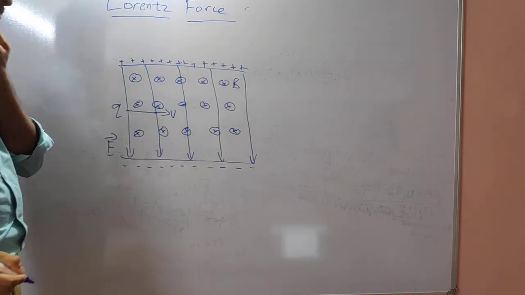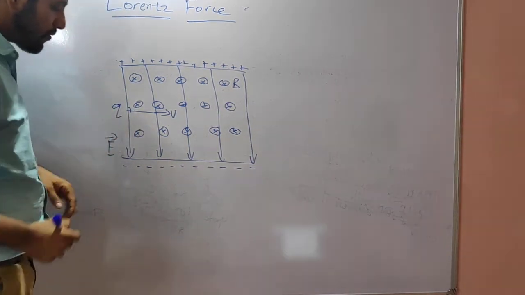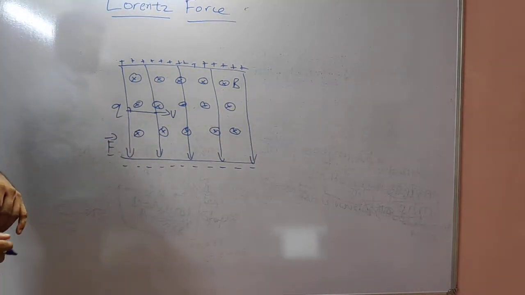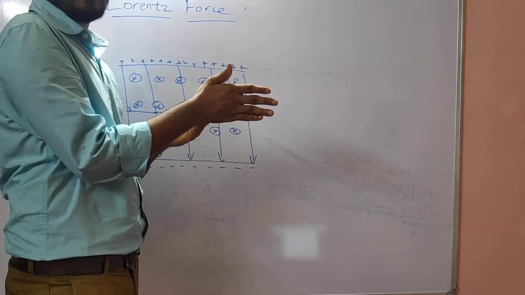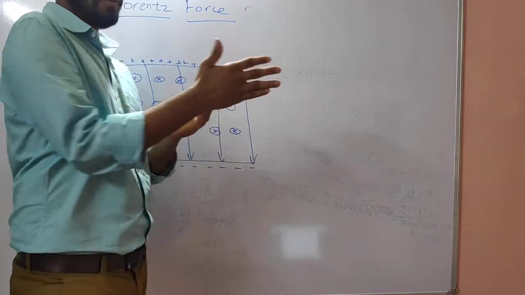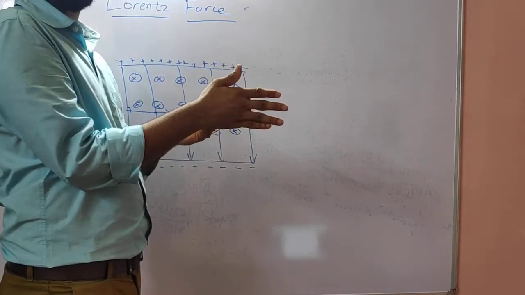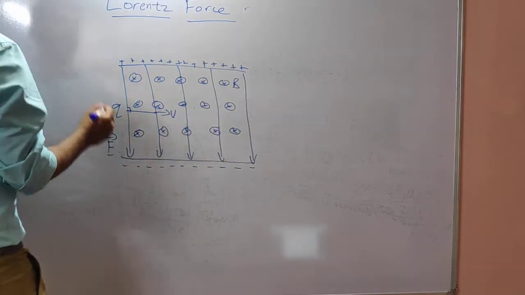Will this be perpendicular to both? Here you can see it is directly perpendicular to electric field. Is it perpendicular to magnetic field also? The magnetic field is inside and the direction of velocity is this. So can you see that there is 90 degree between them? Here it is 90 degree, okay. So it is perpendicular to both. So here I can write down the conditions.